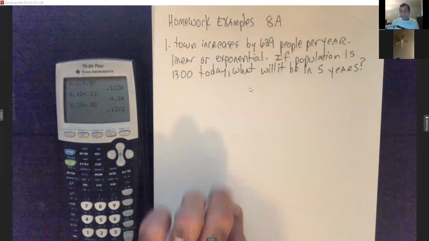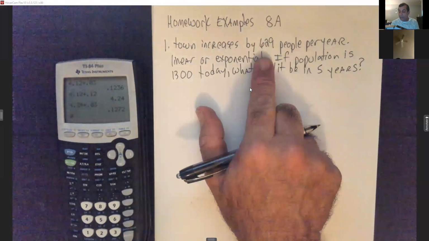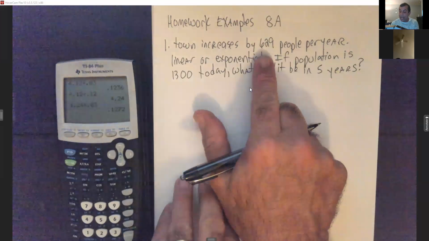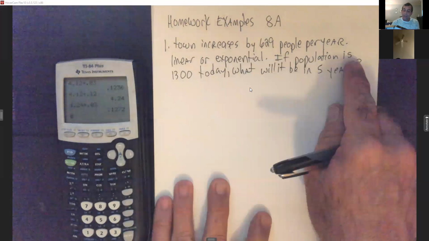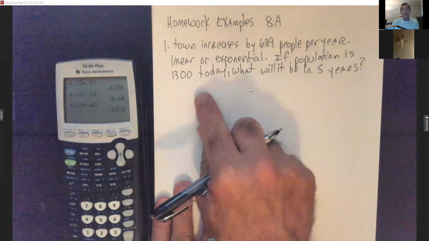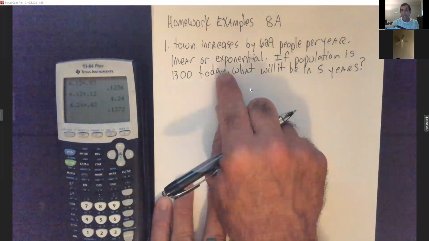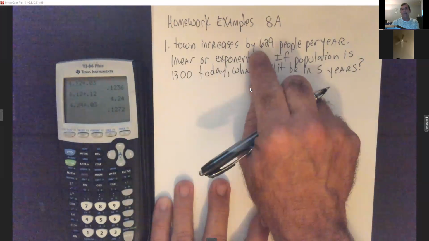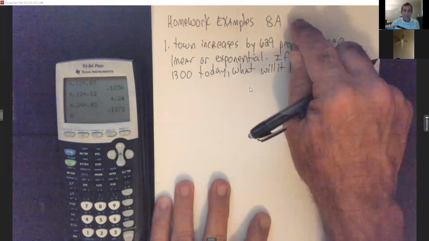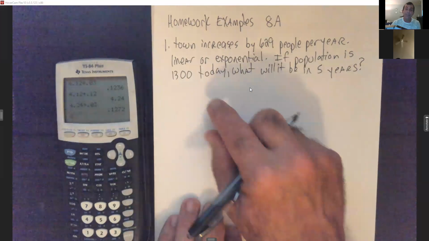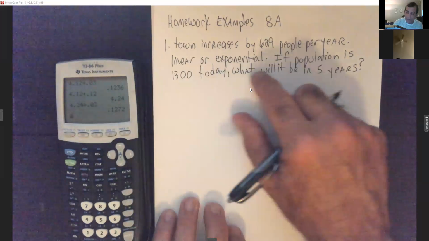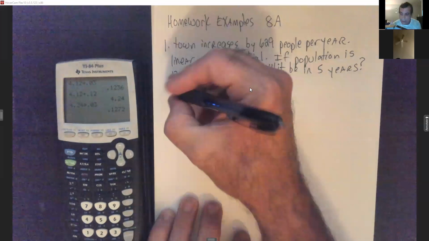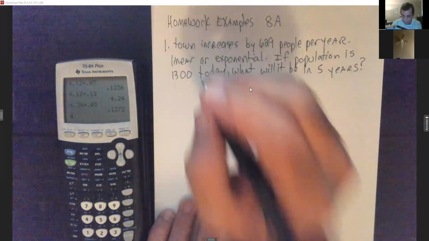Okay, so it increases by 629 people per year. So that means for each year, it's going up the same amount, 629. Then the next year, it's going up another 629. Then the next year, another 629. So it's going up the same amount every year. So this is going to be linear.